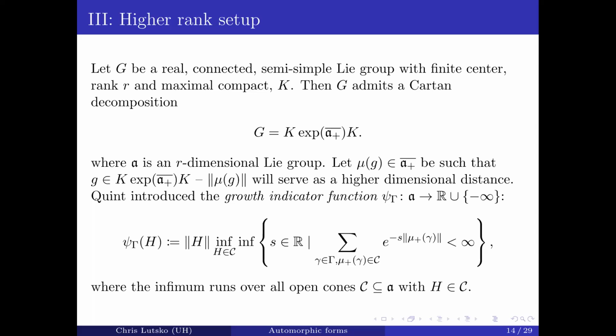So we do choose an open cone around our chosen direction, and then just take the infimum over that open cone. So we're really just trying to get the contribution from the points growing in one single direction. And it turns out that this is a good replacement for the critical exponent.